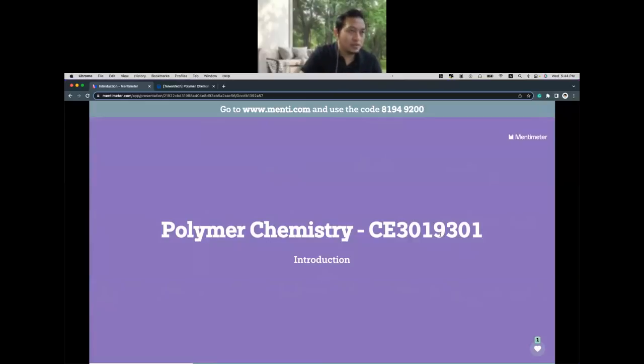And polymer means that of course you heard of polymer many times, especially when you learned chemistry. But what we are going to look at in this polymer chemistry is the fundamental things about polymers that are related to chemistry. Most important is how they can polymerize and what kind of polymerization they can have.